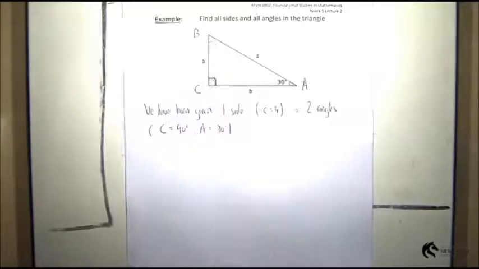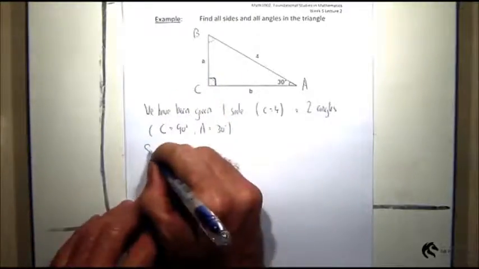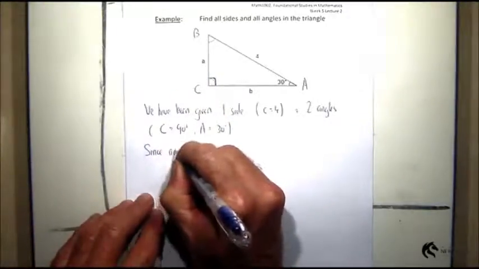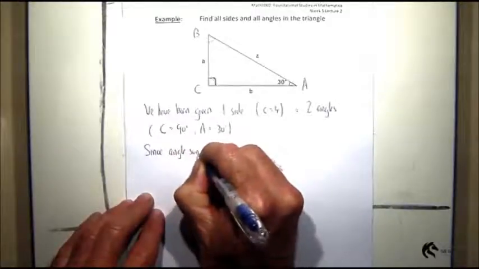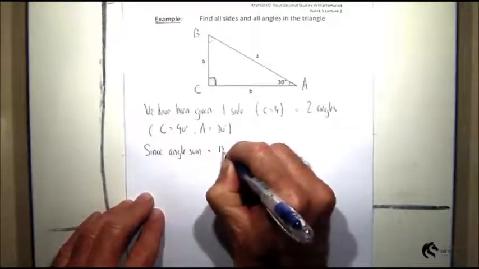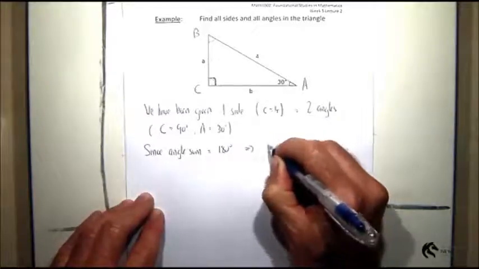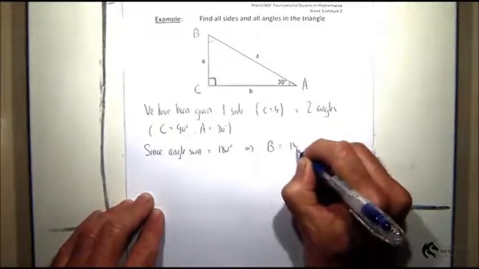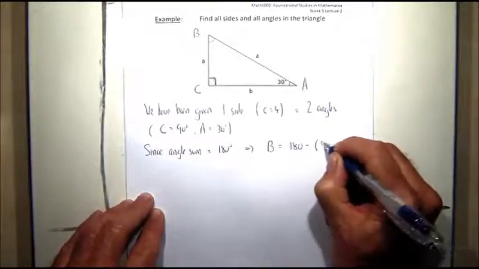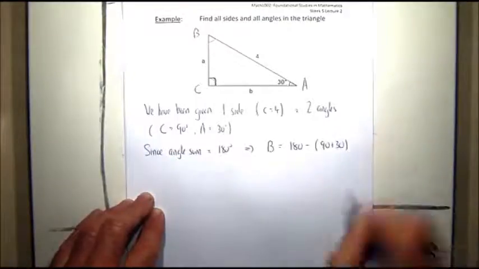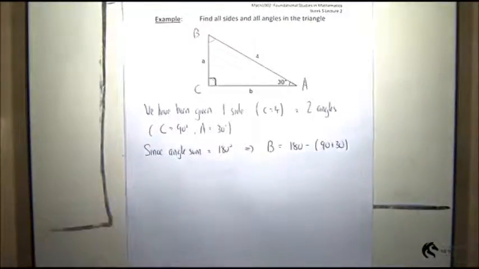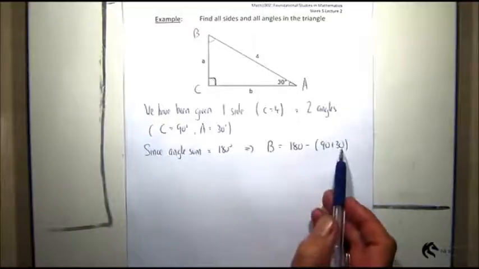That's the first thing. So since the angle sum is 180 degrees, that implies that angle B is 180 minus 90 plus 30, so minus C plus A.